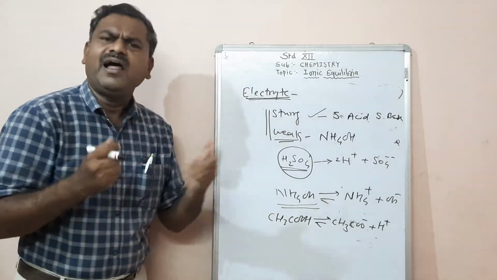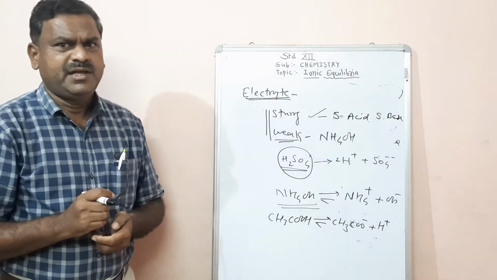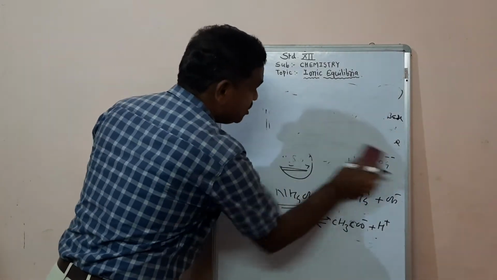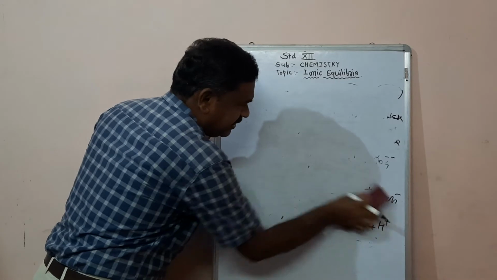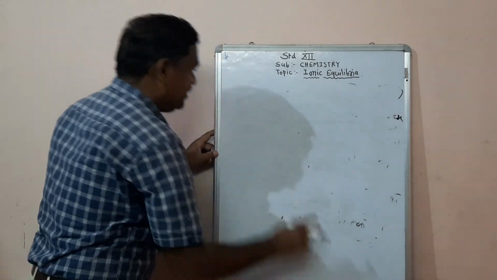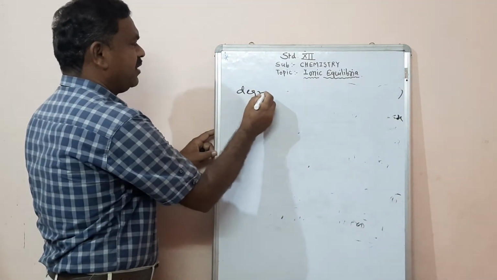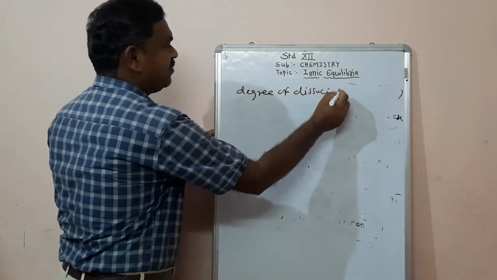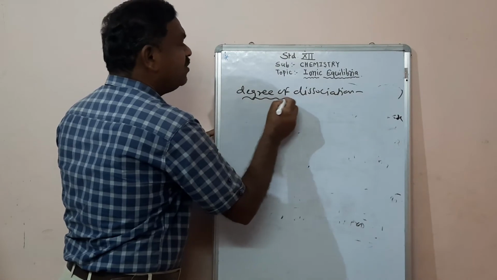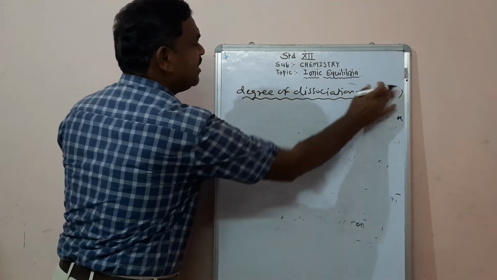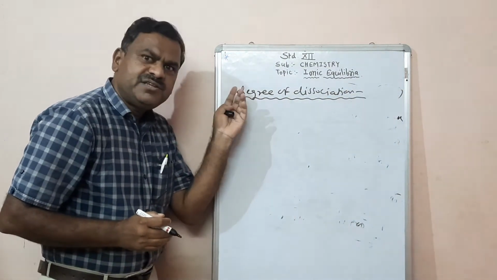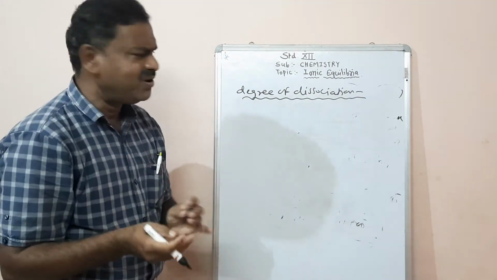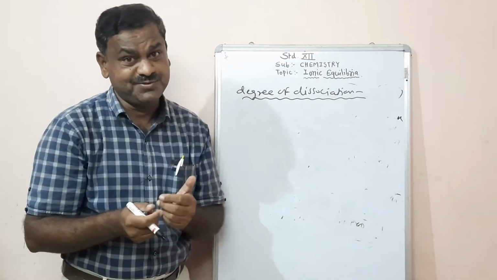Now, another and last point, the degree of dissociation. Degree of dissociation means what? It has two words, degree and dissociation. You already know dissociation means separation of ions.